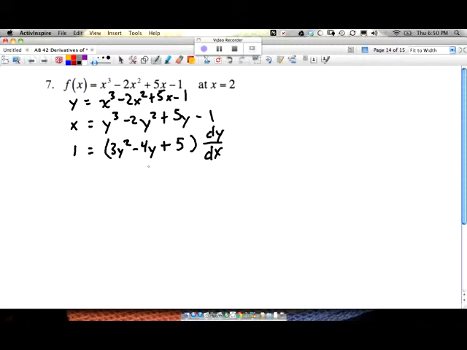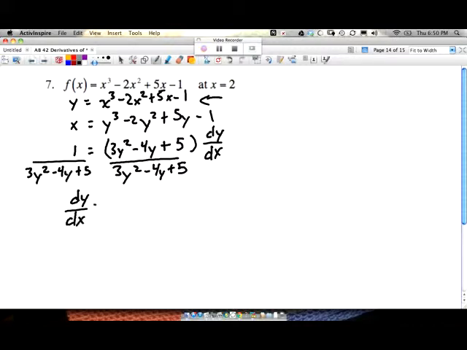Okay, now I'm guessing that this is not easily factorable, which is why we're going to have to use a calculator. So let's get as far as we can. We've got 1 over (3y squared minus 4y plus 5). So our dy/dx in the end equals 1 over (3y squared minus 4y plus 5).